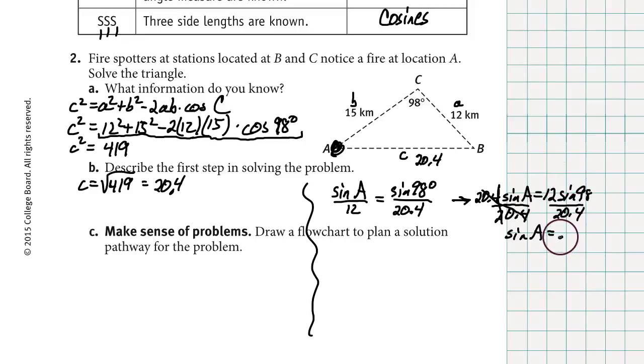The result is 0.58. Now let's remove the word sine using inverse sine. So we have angle A equals the inverse sine of the 0.58. This is 35.4 degrees. We could go back in our drawing and label that.